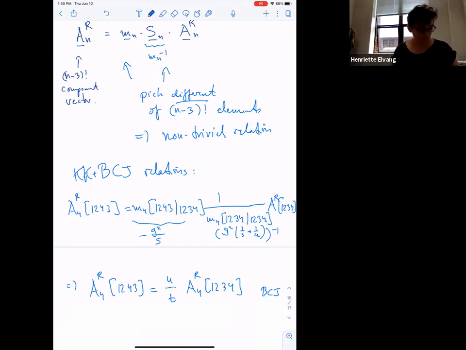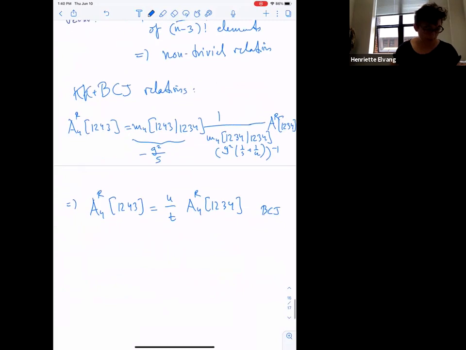Okay, so the upshot is that the two algebraic relations, right equals 1 times right, and left equals left times 1, give you two things.